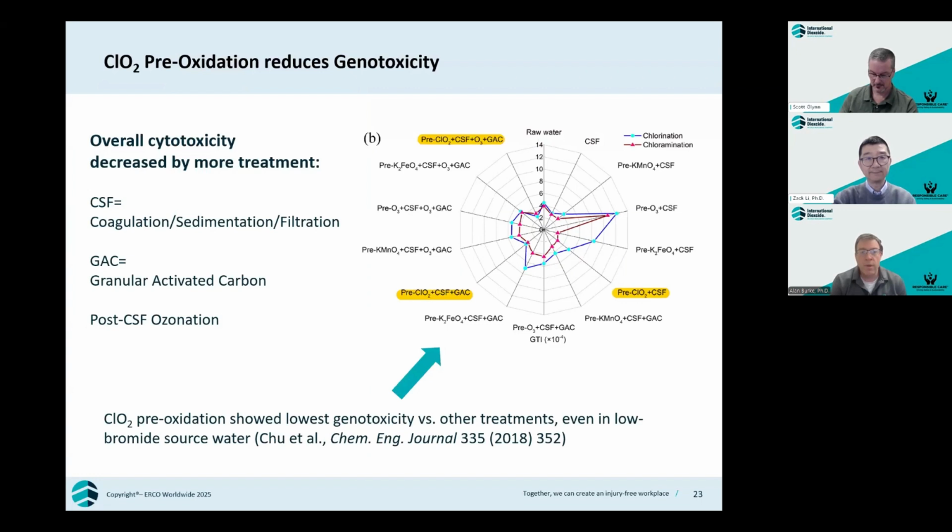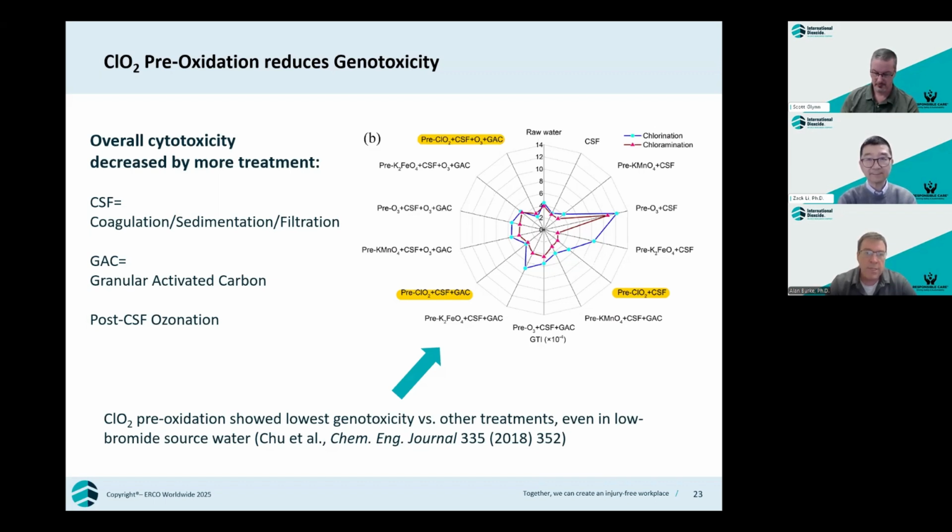Going clockwise around this chart here, you start with the raw water and increasingly higher levels of treatment, ranging from simple pre-oxidation and coagulation, sedimentation, filtration, then implementing granular activated carbon and post ozonation treatments as well. Really trying to look at different pre-oxidation steps and the differences between them.